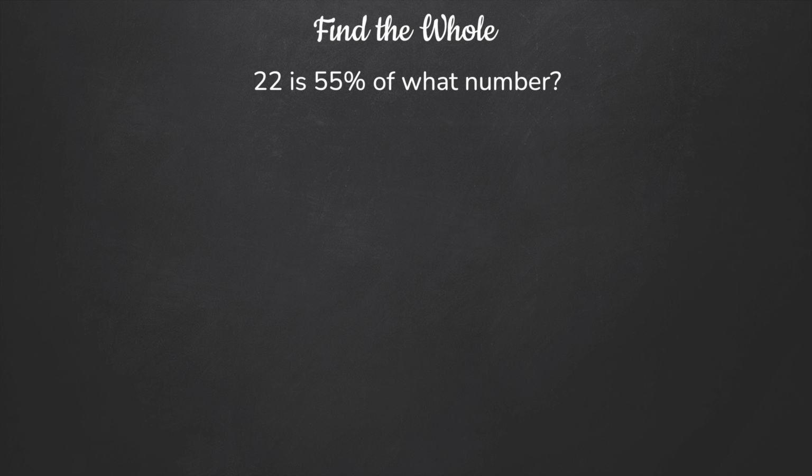Here we have our next example, which says 22 is 55% of what number? So here we have 55%, so we're going to replace percent with 55. And then we know that 22 is 55%, so we're going to replace is with 22. And now that we've set this up, we're going to go ahead and solve.